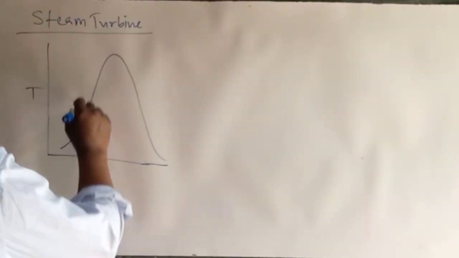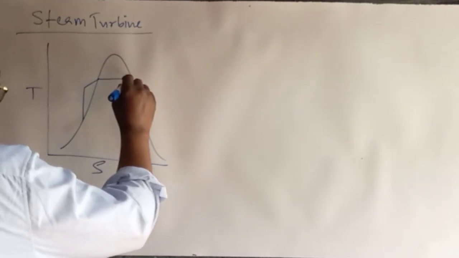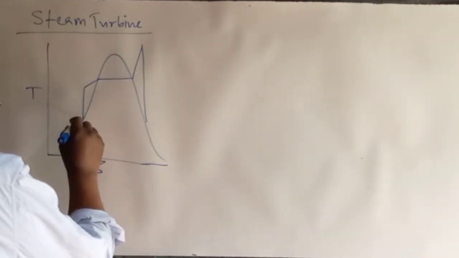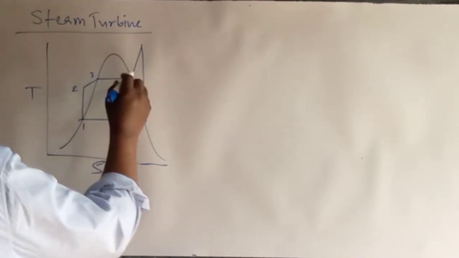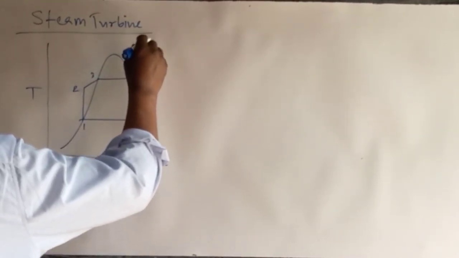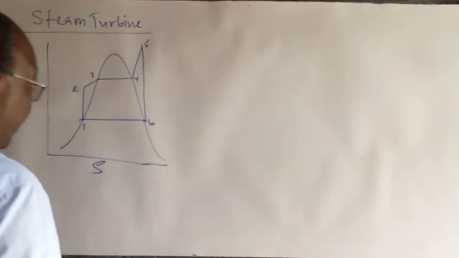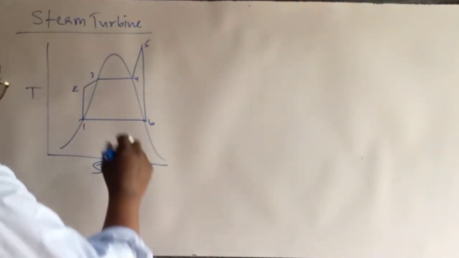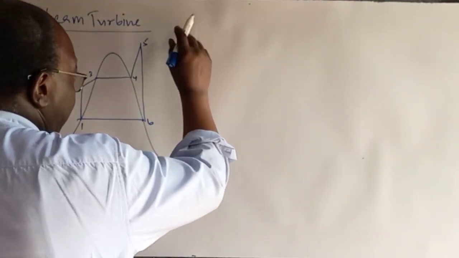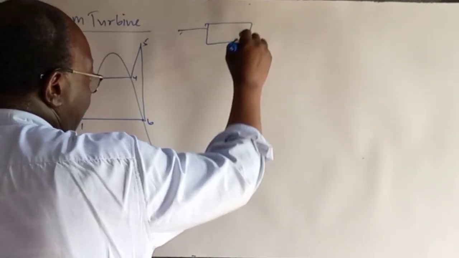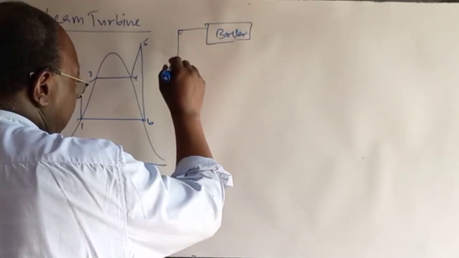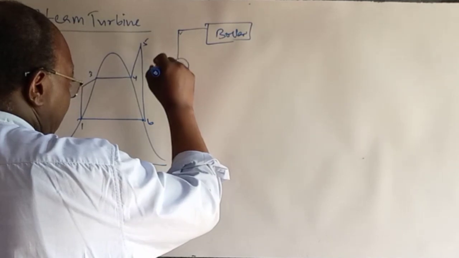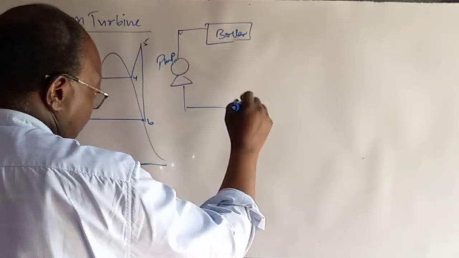The Rankine cycle. So in the Rankine cycle, we had this kind of a schematic. We have the boiler, which is the steam generator. We have the pump. We have our condenser.